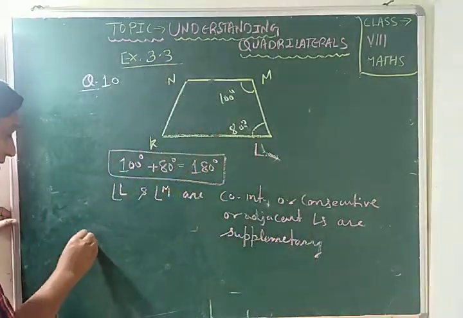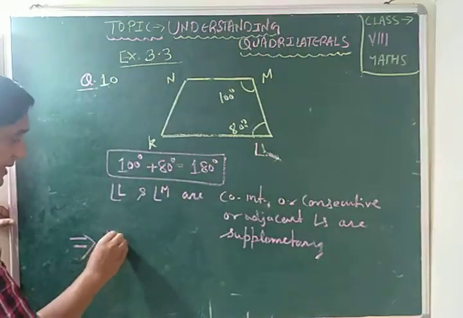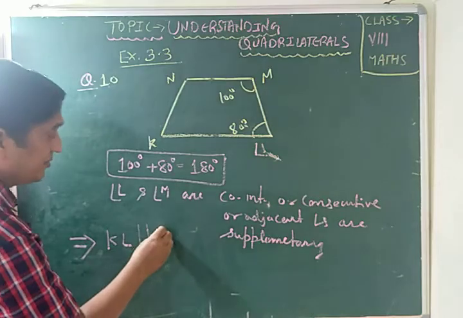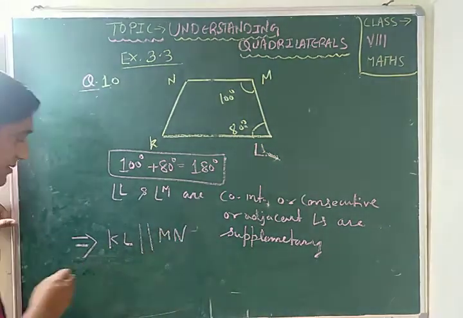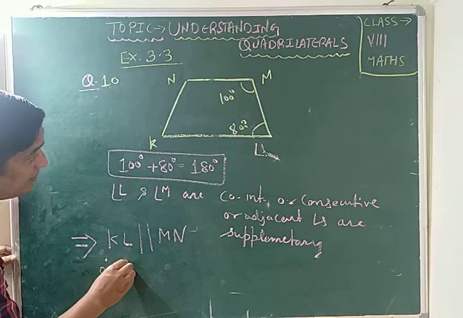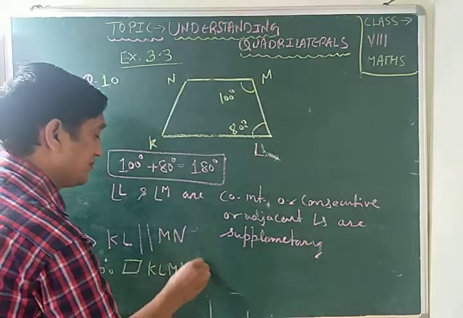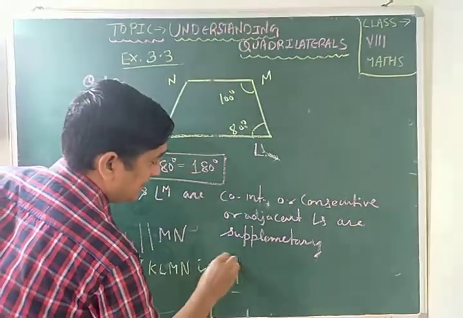It implies that these two lines KL are parallel to MN. Therefore, the quadrilateral KLMN is a trapezium.